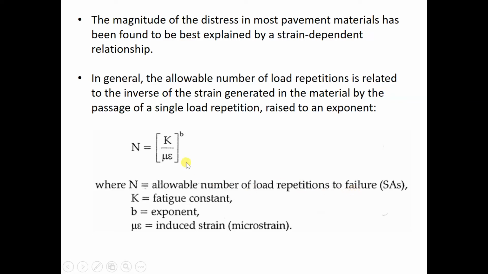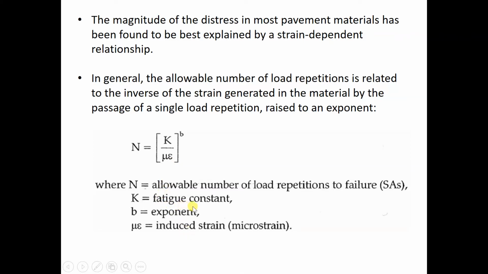This one is considered layer by layer. For each layer, the allowed number of repetitions may be, let's say, 2 million repetitions, something like that. So this one is based on k divided by microstrain.